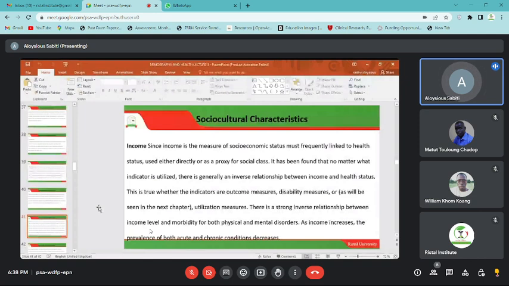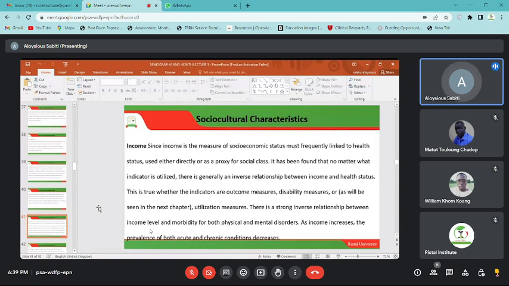Another characteristic is income. Now, since income is the measure of socioeconomic status, it is most frequently linked to health status, either directly or as a proxy for social class. It has been found that no matter what indicator is utilized, there is generally an inverse relationship between income and health status.